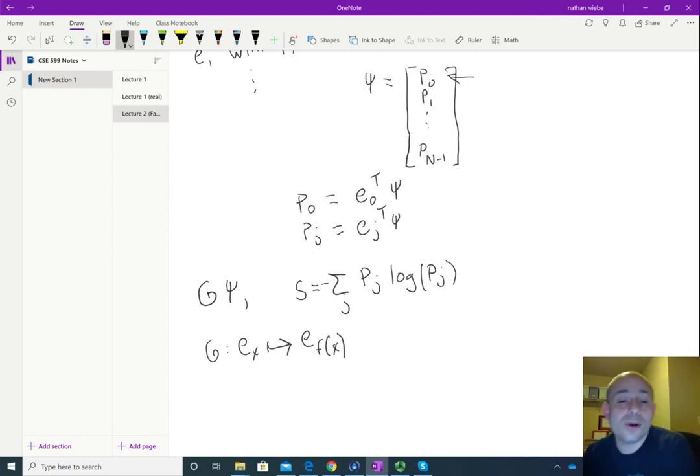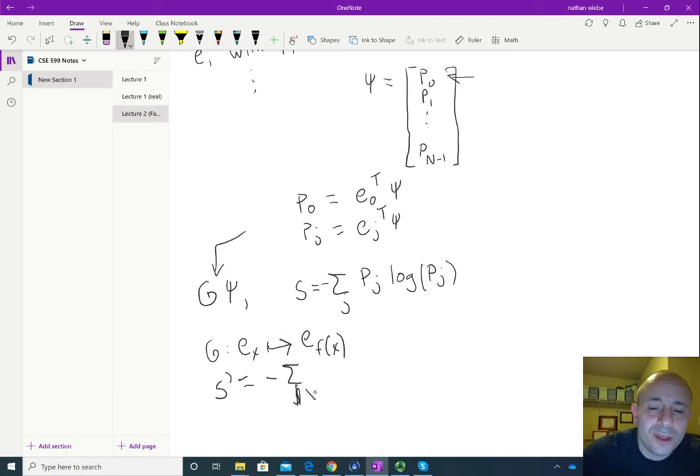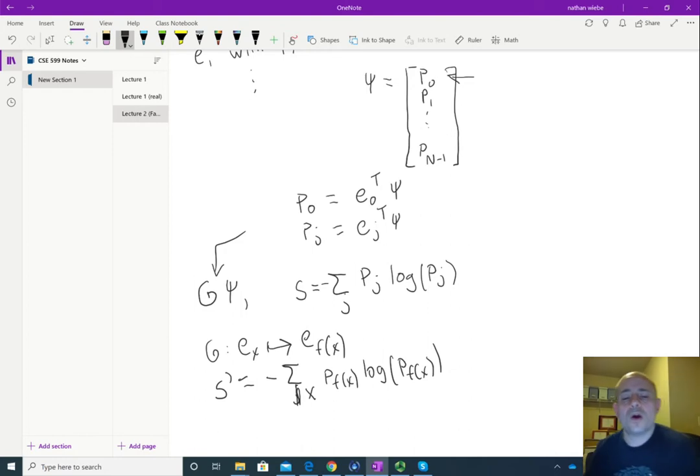Okay, so if we end up figuring out the entropy for G acting on psi, then I'll have this new entropy, which is negative sum over j, or I'll write it in terms of X here, P of F of X log P of F of X. All right, cool.